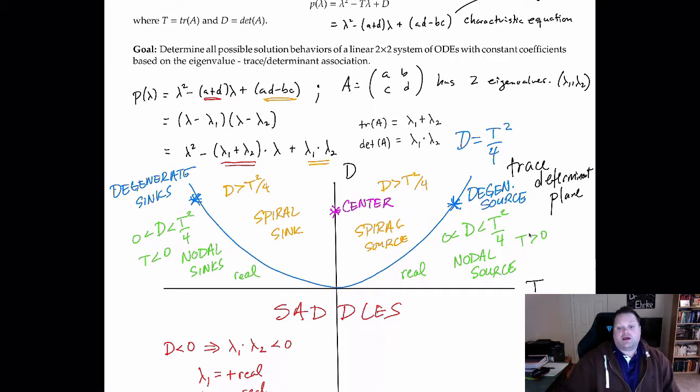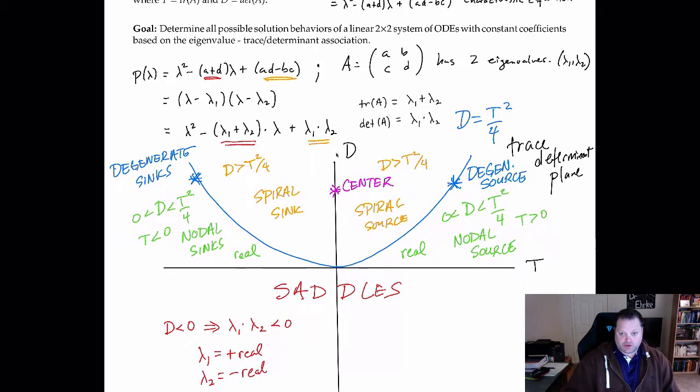All right, if you want to have an eigenvalue that's 0, then either lambda 1 or lambda 2 is 0, right? And if lambda 1 or lambda 2 is 0, then the product of lambda 1 and lambda 2 is 0. So the determinant would be 0. And if you have a 0 determinant, then you are right here along this axis.